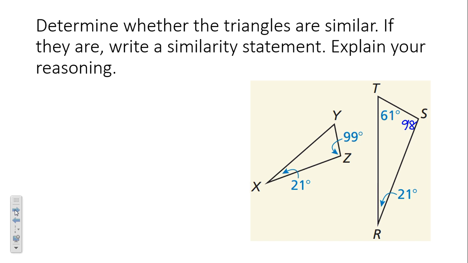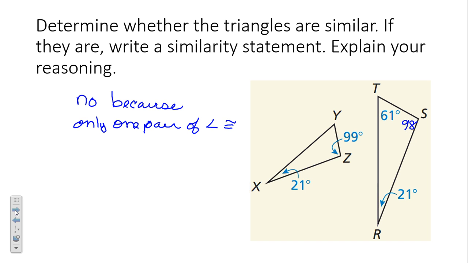So we'll say no because we have only one pair of angles that are congruent. Okay?